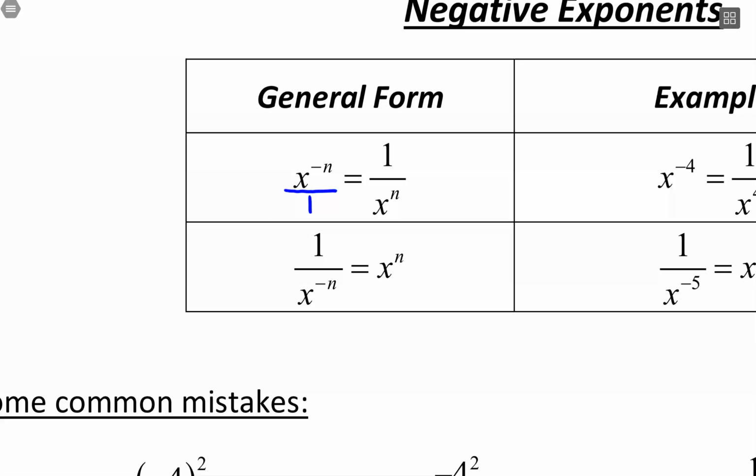Similarly, if we have 1 over x to the negative n, so we're starting in the denominator, to make it positive, and again, you can visualize your fraction here, it has to move to the numerator. The base stays the same, the numerical part of the exponent stays the same, it just turns positive.